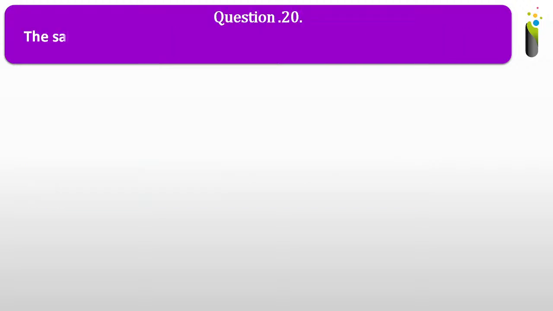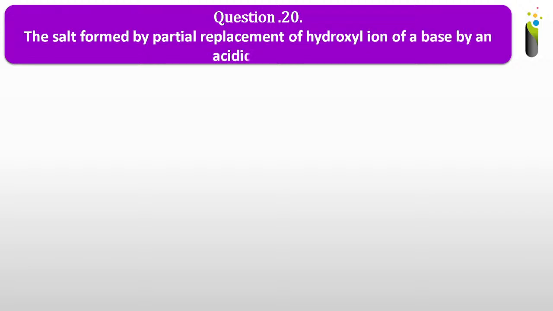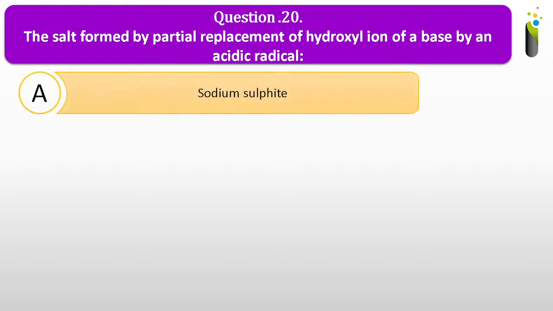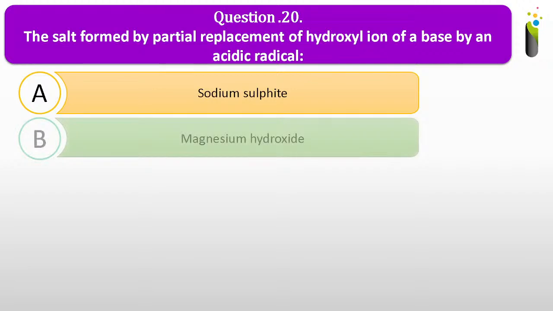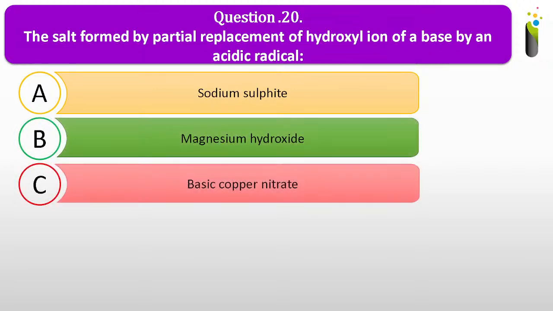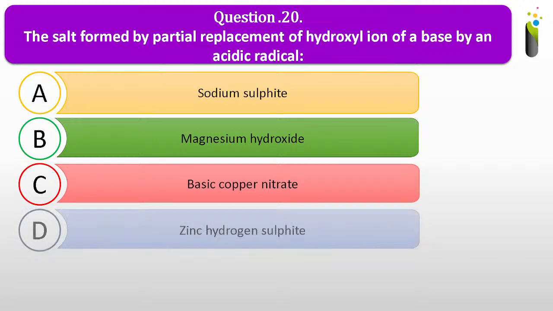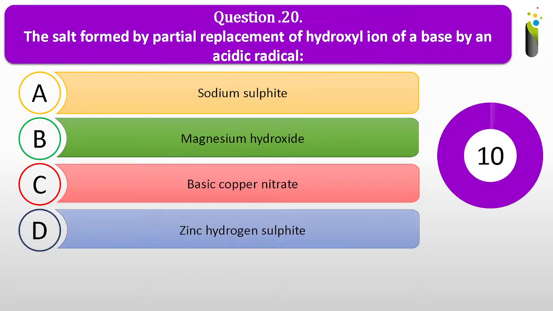Question number 20. The salt formed by partial replacement of hydroxyl ion of a base by an acidic radical is dash. A. Sodium sulfite. B. Magnesium hydroxide. C. Basic copper nitrate. D. Zinc hydrogen sulfite.